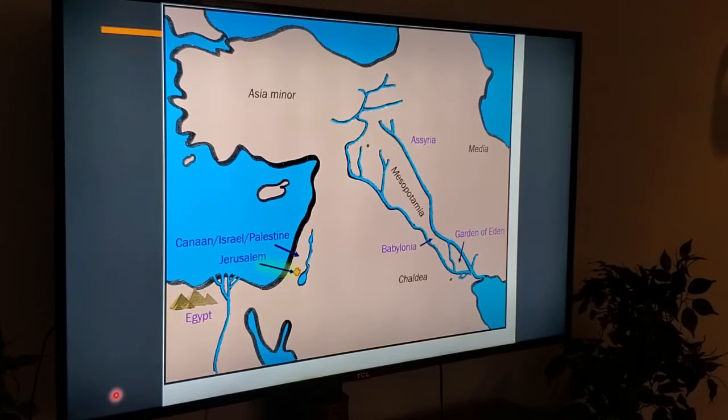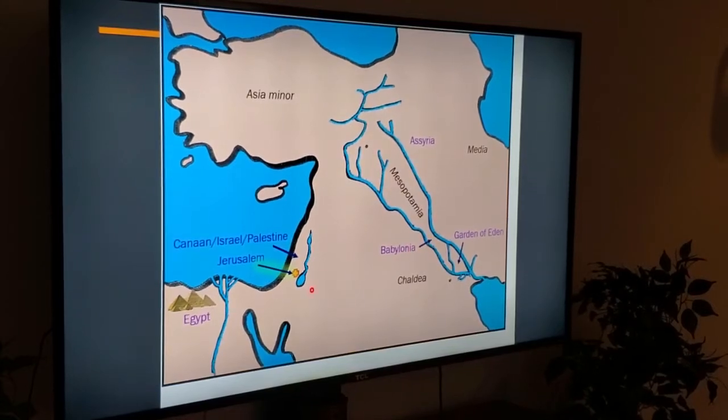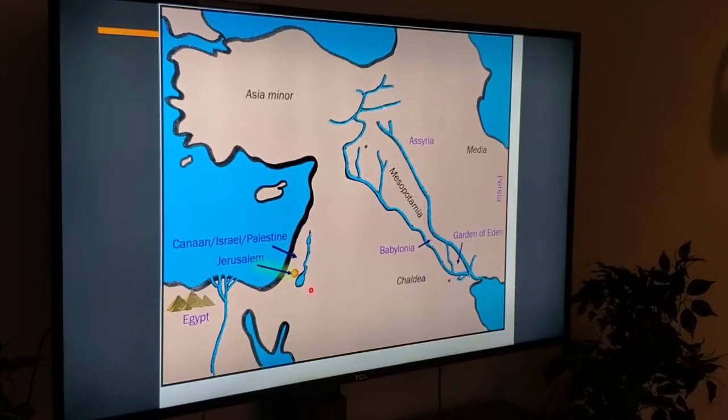Then there's Babylonia, kind of in between the rivers. That's where Babylon was. The Tower of Babel would most likely have been down in there somewhere. That's where Israel was taken into captivity when they were carried off to Babylon. We've got Persia over there on the right.